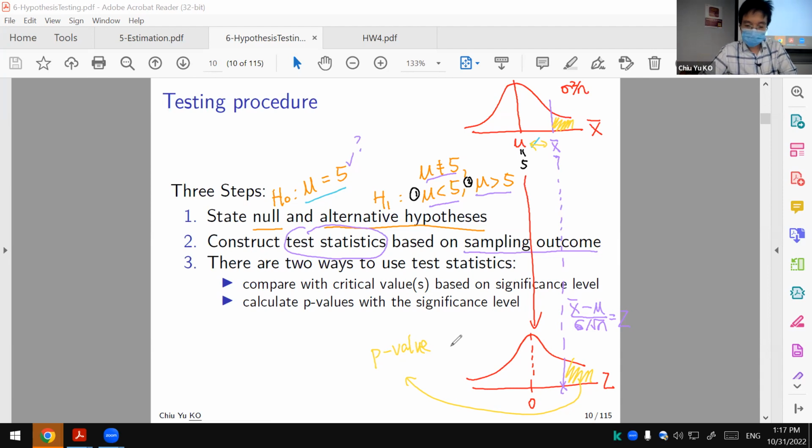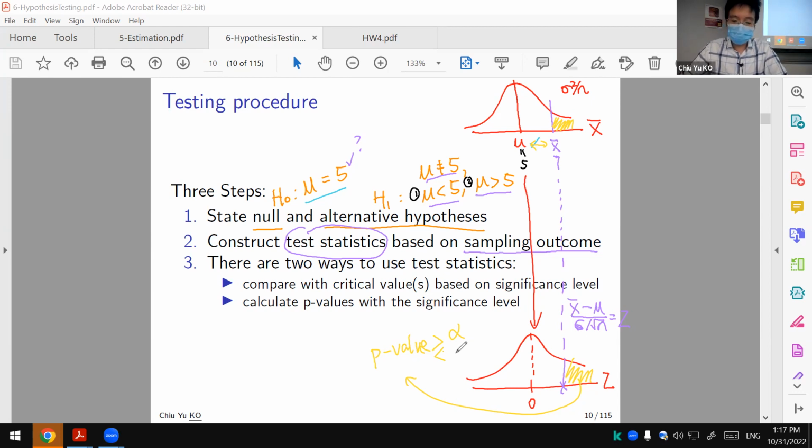So that is one way to do it: compare the p-value and the alpha, asking whether the p-value is less than or more than alpha. If less than, you reject, because it is so unlikely to have come from what you propose. You propose mu is say 5. If 7 is so far away, the yellow area is so small, smaller than alpha, then reject. This is one way.